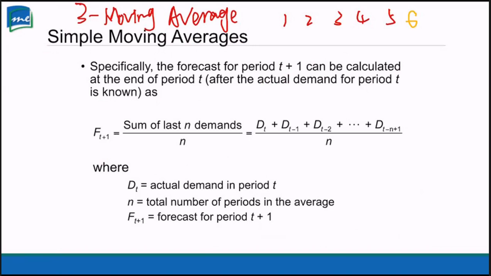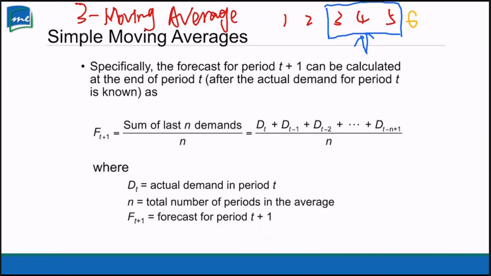So for period 6, the former 3 periods will be period 3, period 4, period 5. We sum the data for those 3 periods together and divide by 3. Then we have the average number for the 3 time periods, and then we will be able to obtain the forecast value for period 6.